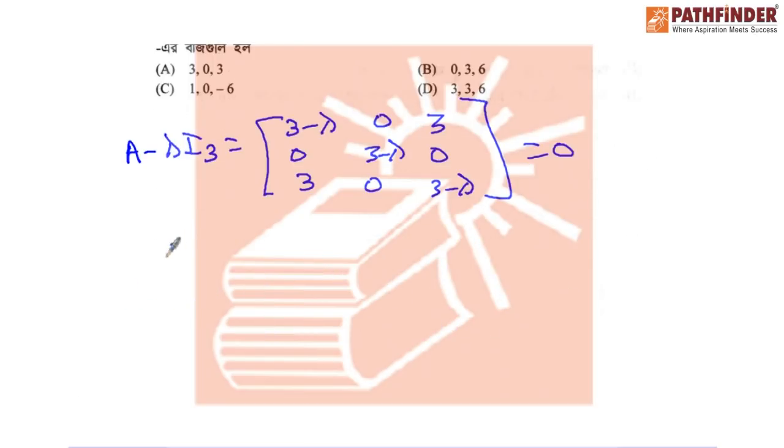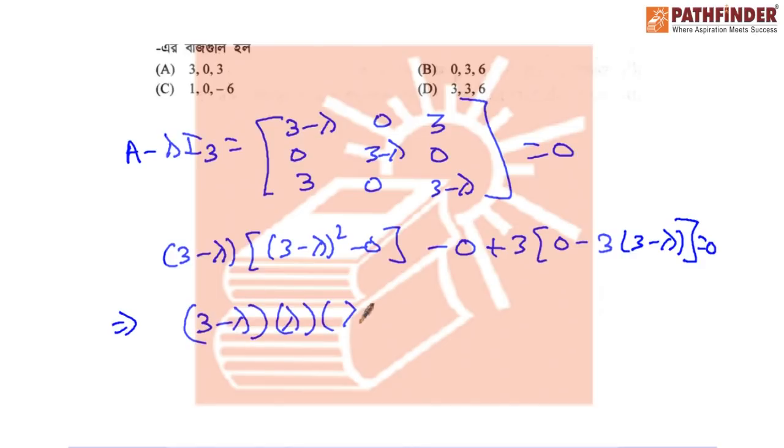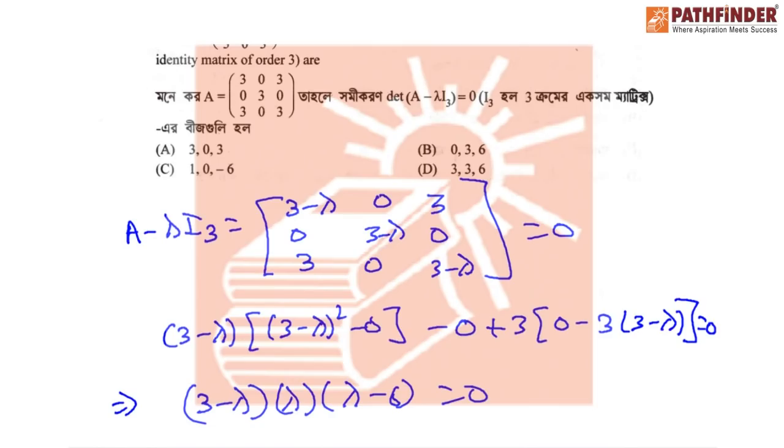On expansion we will get 3 minus lambda square minus 0 plus thrice of 0 minus thrice of minus lambda equal to 0, or 3 minus lambda into lambda minus 6 equal to 0. So lambda equal to 0, 3, 6, given in option B, 0 3 6.